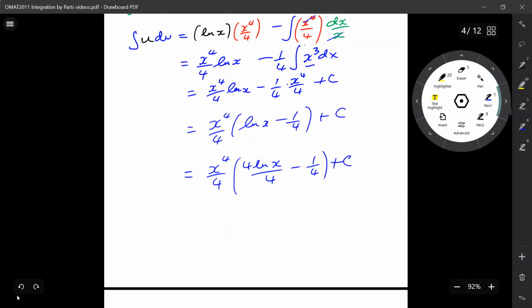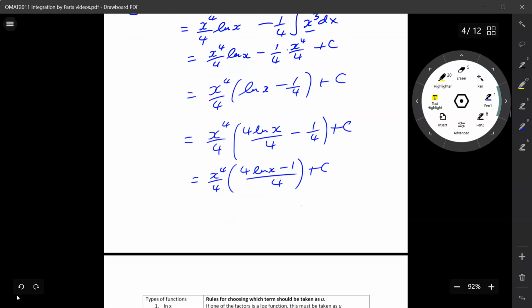Then we can put this over, so it's x to the power 4 over 4 times 4 times the log of x minus 1 over 4 plus the constant integration. Now we can finish off by taking that 4 out underneath. So 4 times 4 gives me 16 times 4 times the log of x minus 1 plus a constant integration.